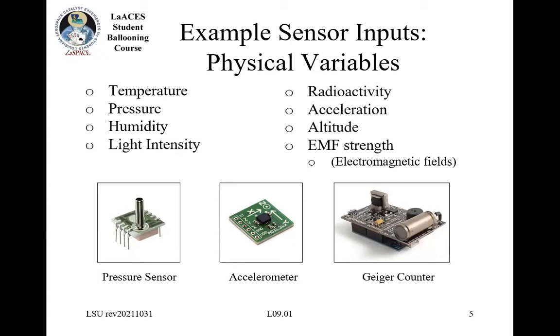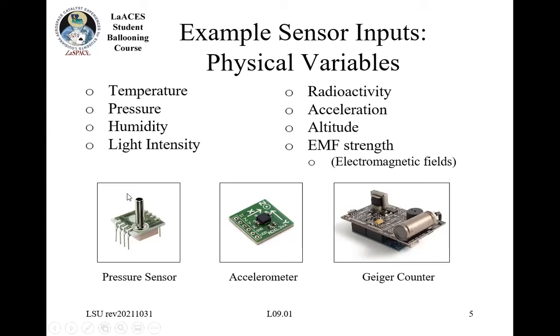You can have sensors that measure radioactivity, like this Geiger counter here. You can have an accelerometer, altitude. You can measure, though usually you're measuring that indirectly, right? You're measuring a pressure, or you're measuring some sort of GPS timing signal and inferring the altitude from that. You can measure the strength of an electromagnetic field, right? All of these are just examples.